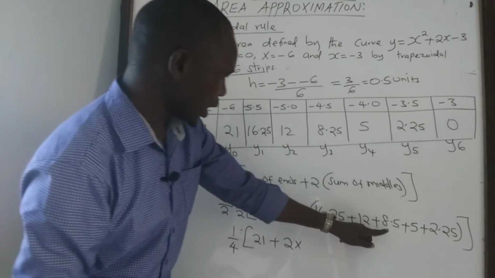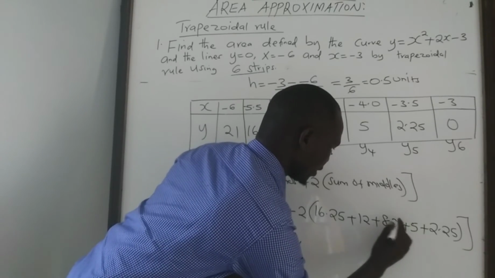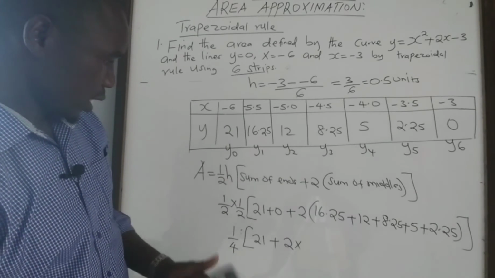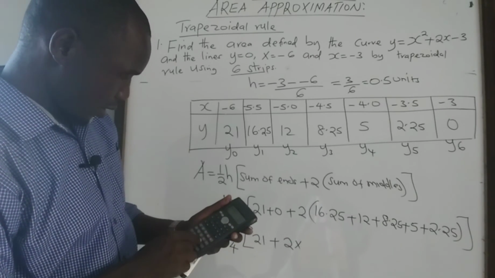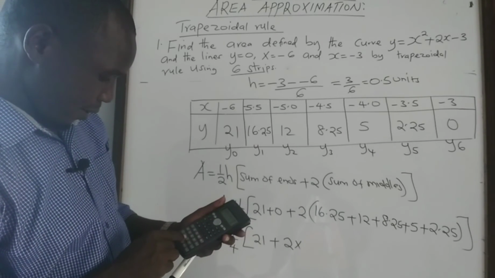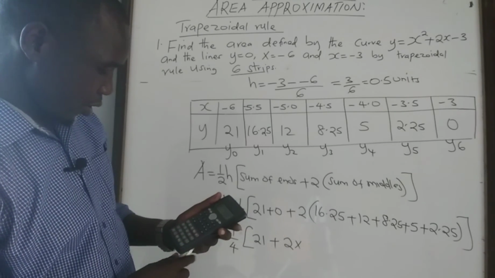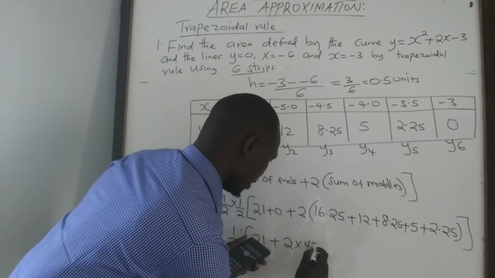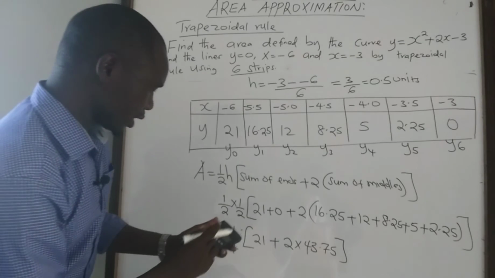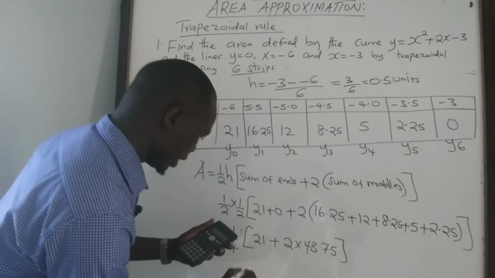No, this one was actually 8.25, and if we add 16.25, you add 12, you add 8.25 plus 5 plus 2.25, you are going to get 43.75, and if you take 43.75, you multiply by 2, you are going to get 87.5.